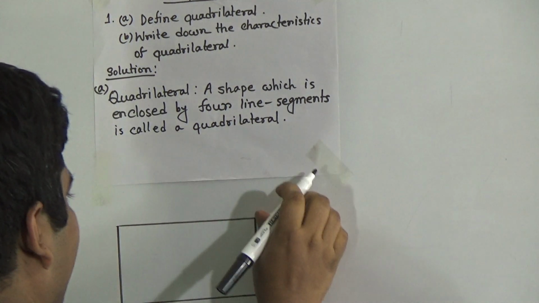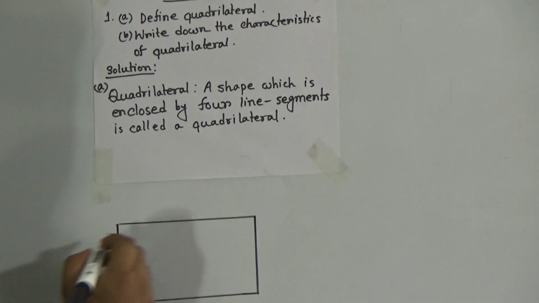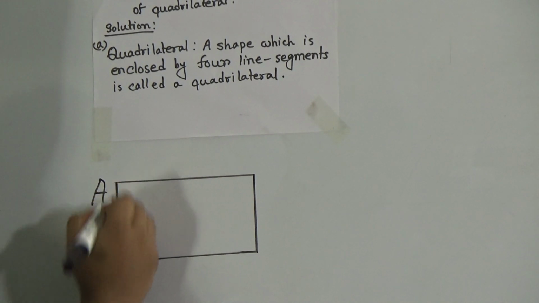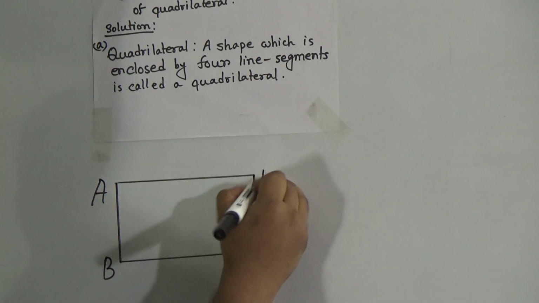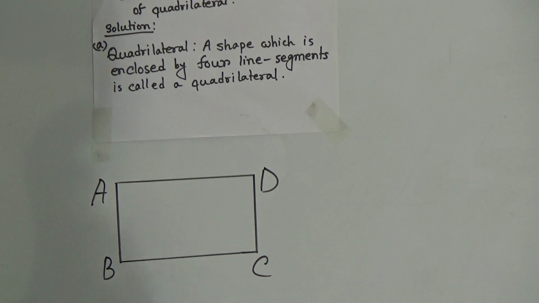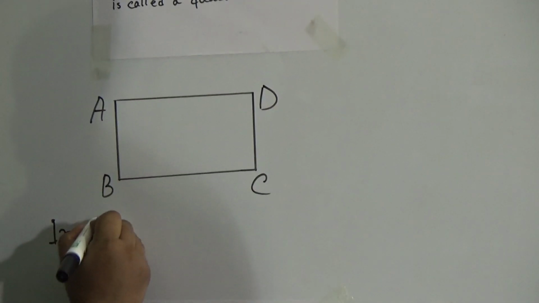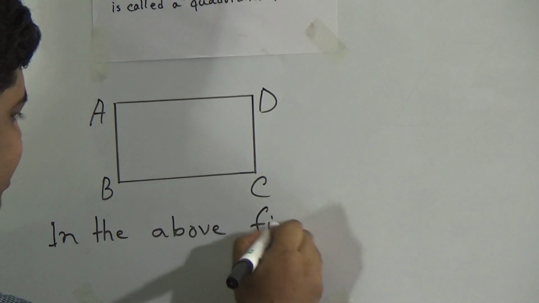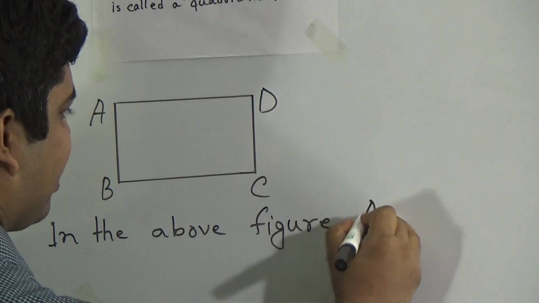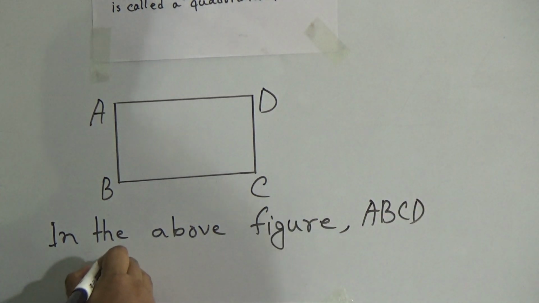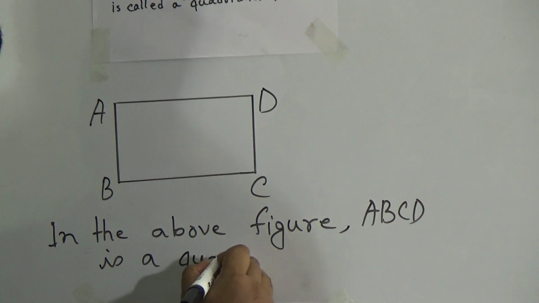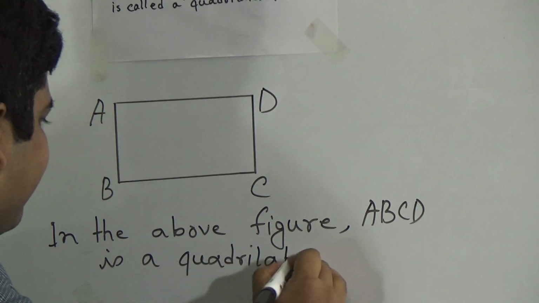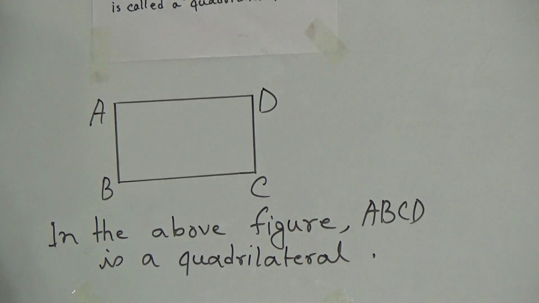Okay, so the name of this quadrilateral is ABCD. So ABCD is the quadrilateral, and right here in the above figure, ABCD is a quadrilateral. I hope you have understood.